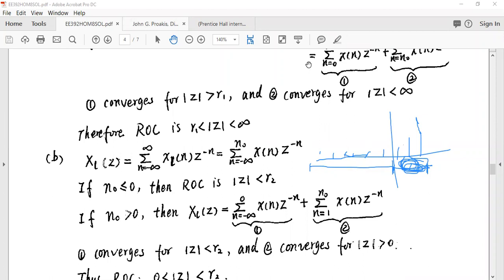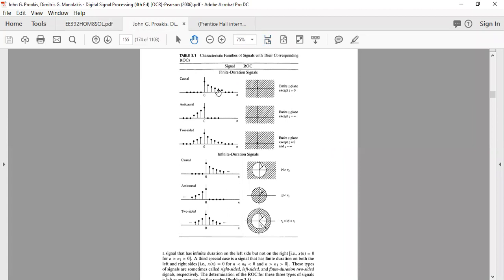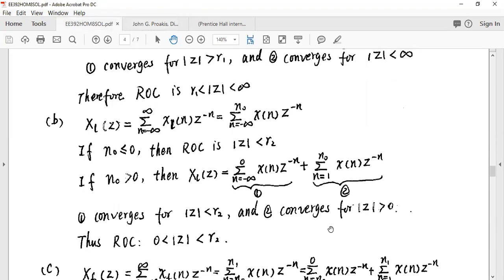In that case, the region of convergence has all the values of z except for z equal to 0. So for this term, where n naught starts on the right-hand side of the plane, it will converge for all z values greater than 0. That's how we get this convergence part.